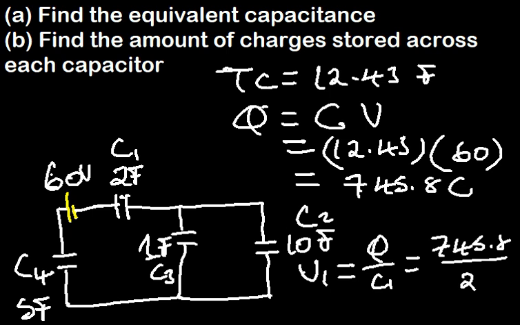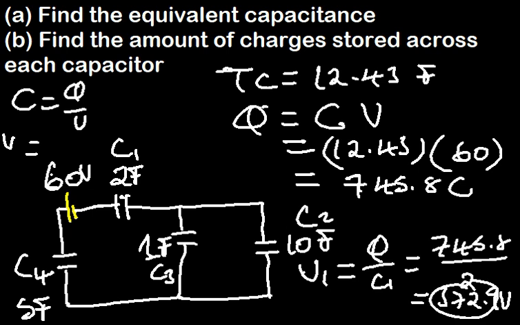So 745.8 divided by 2 is 372.9 volts. Okay, anyway, let's have that.